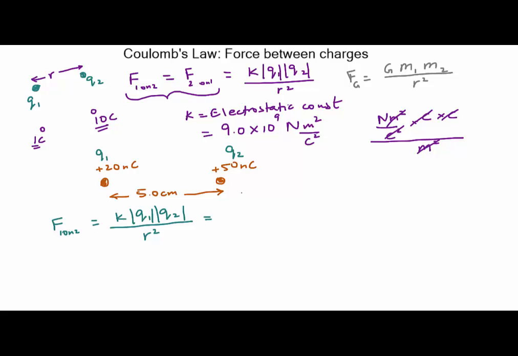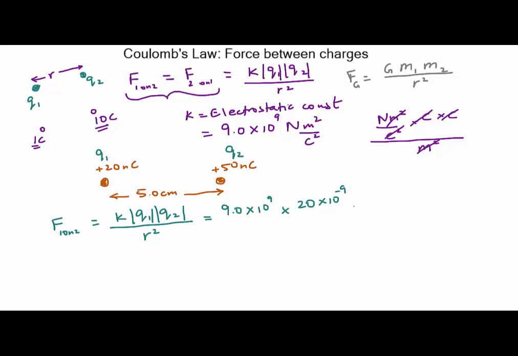And now if I substitute the numbers in, this would be 9.0 times 10 to the 9 newton meter squared per coulomb squared. I'm not going to write the units, times 20 nanocoulombs. So I'm going to write that as 20 times 10 to the negative 9 coulombs.